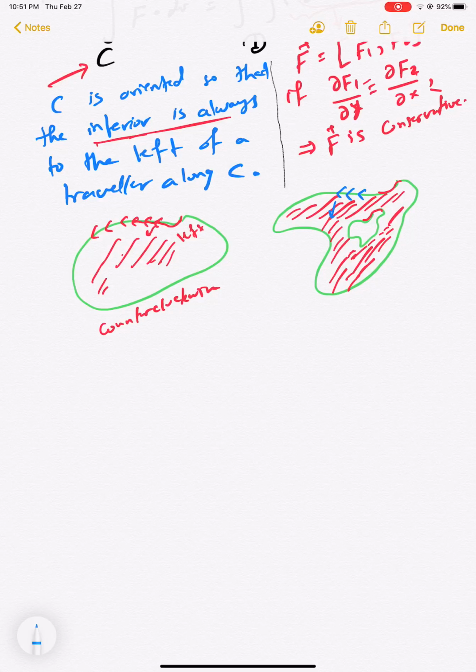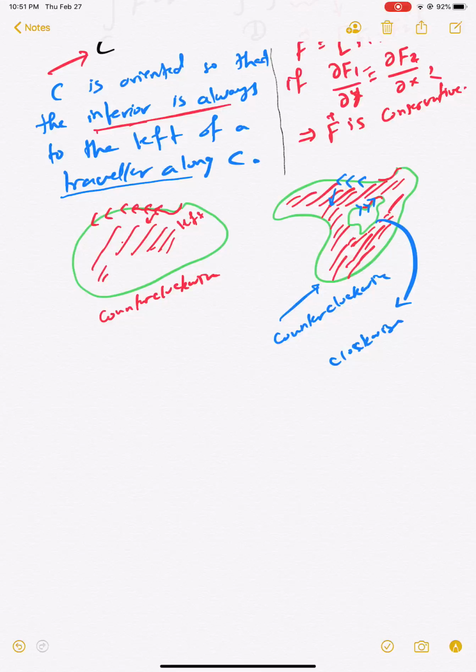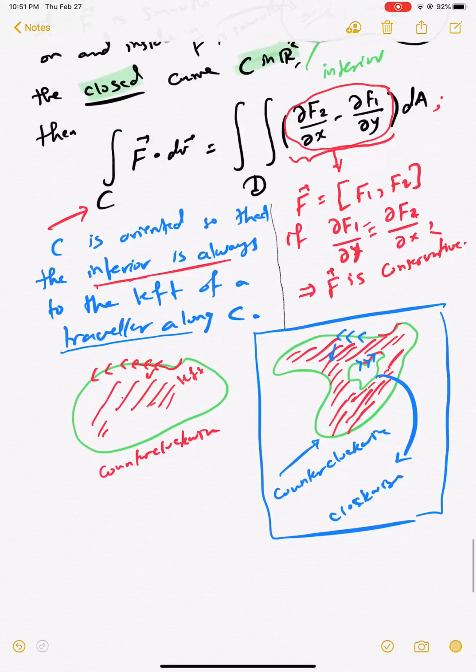But on the inner curve, you have to move the other way so that the interior is to your left. So in this case, the outer curve is counterclockwise, but the inner curve is clockwise. And this is the only case where the orientation in Green's theorem is not counterclockwise, only when you have the two curves case. Okay, so this is the orientation of C.